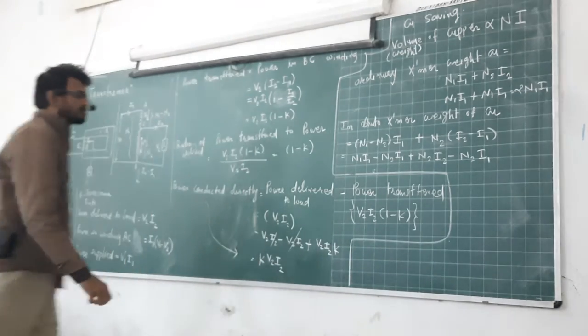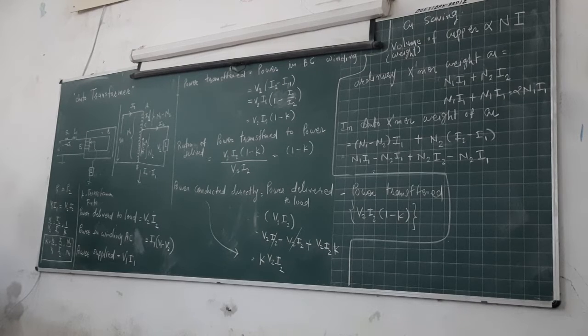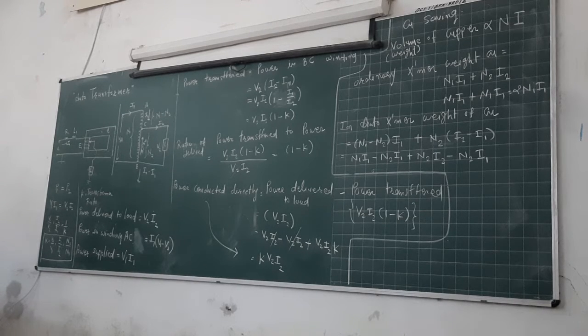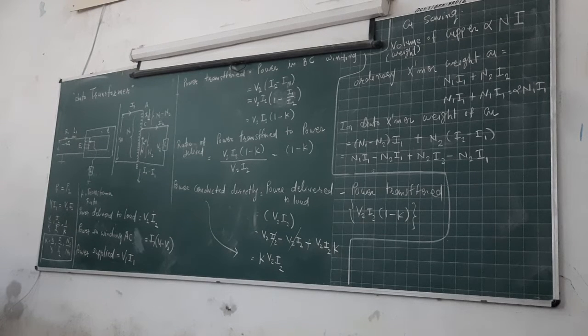Check anything that is the same: N1 I1, N2 I2. So N1 minus N2 in brackets times I1, plus N2 I2, minus N2 I1. Now take N1 minus N2 as common, and the current I1 as common.